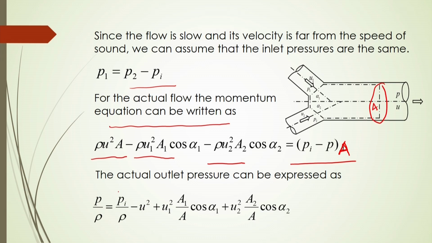Now, the actual outlet pressure can then be expressed as P by rho is equal to P_id by rho minus u square plus u_1 square into A_1 by A into cos alpha_1 plus u_2 square into A_2 by A into cos alpha_2. So, in this case we are just substituting this value here for P_id by rho.